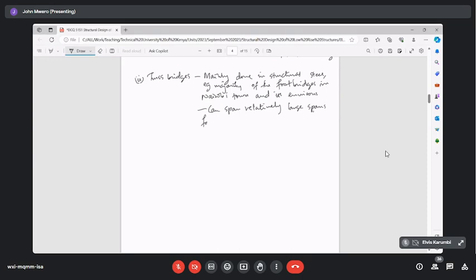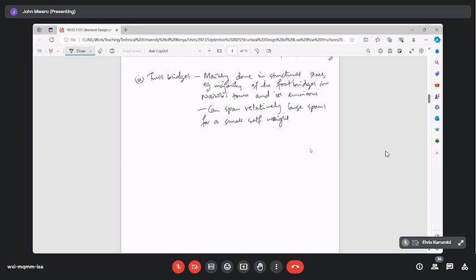This is the main advantage of structural steel, that you can do large spans, especially if you're doing trusses, with a relatively lower self weight of the structure.